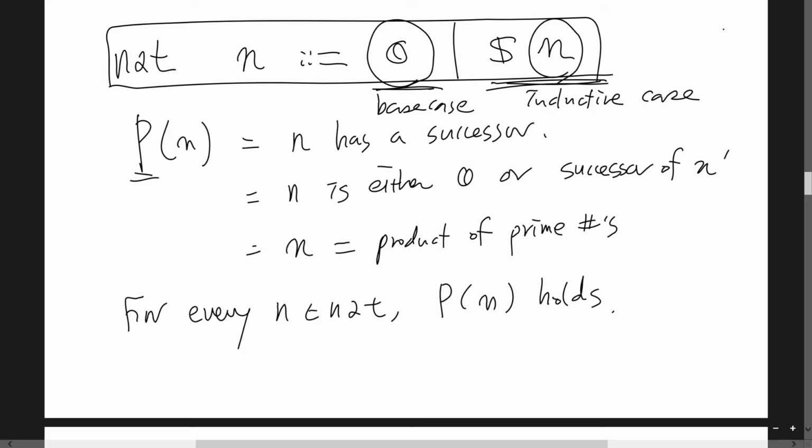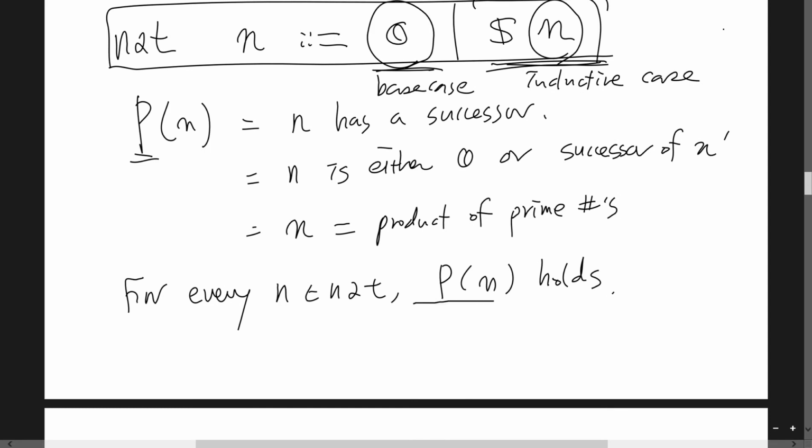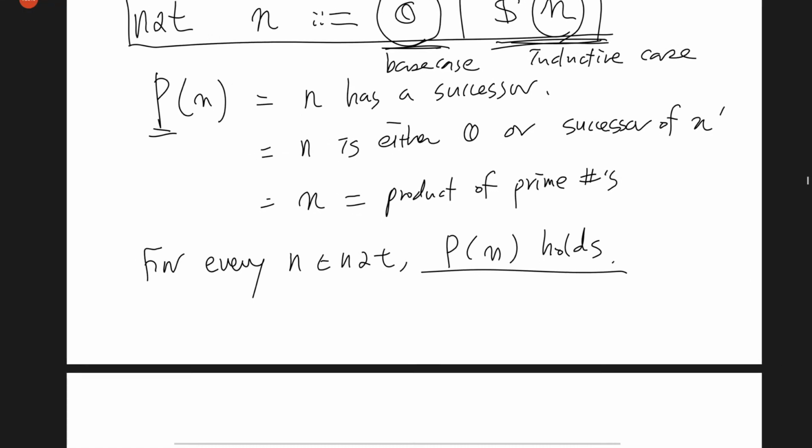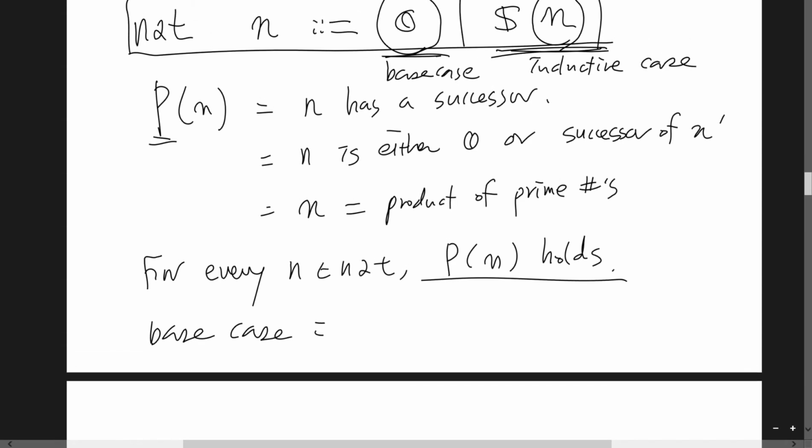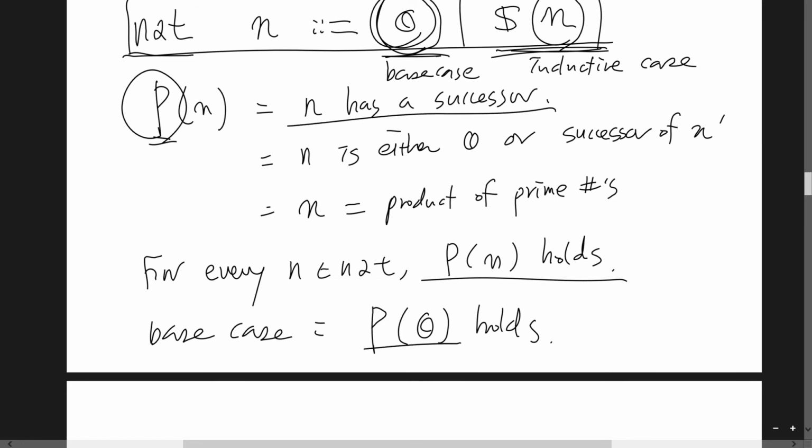So to prove this property, whatever that is, we consider the base case first. We want to show the property P holds for this element in the syntactic category NAT. So you have to show P of 0 holds. If this property P was "n has a successor," this translates to "0 has a successor."